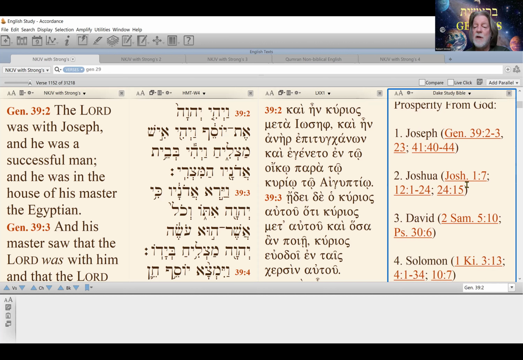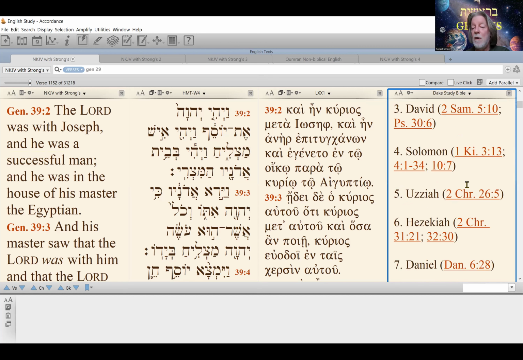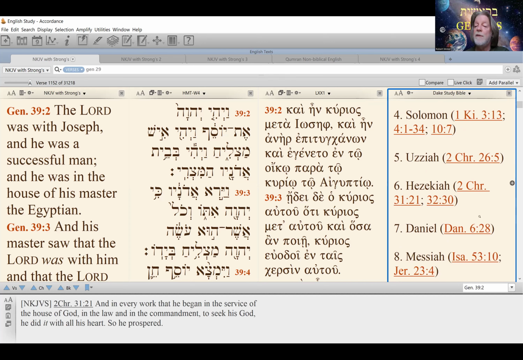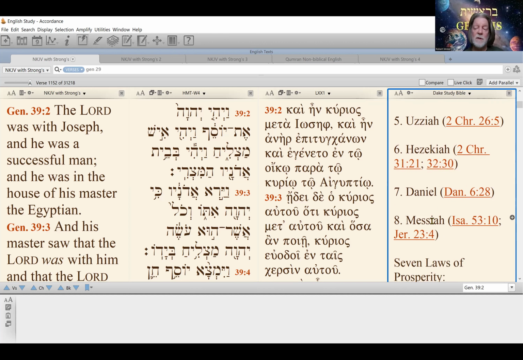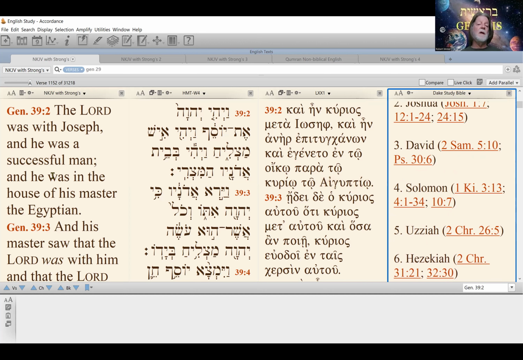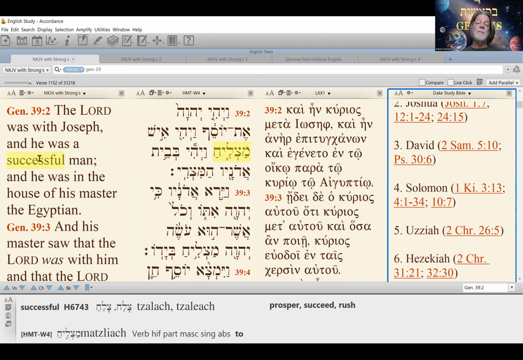So Joshua, Joseph, David, Shlomo, Uzziah, a king, Hizkiah, another king, Daniel, a prophet. The Messiah is said to be a prosperous, influential, and wealthy person. That's Yeshua.